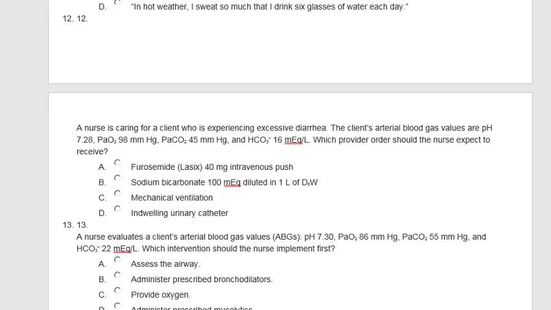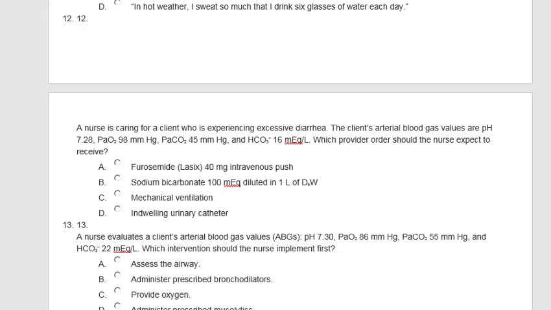The client's arterial blood gas are as follows: pH of 7.28, acidotic, O2 is normal, CO2 45, 35 to 45 is normal, CO2 is fine, bicarb of 16, so remember 22 to 28 is normal, losing his bicarb, he's pooping it out, so this is a metabolic acidosis.